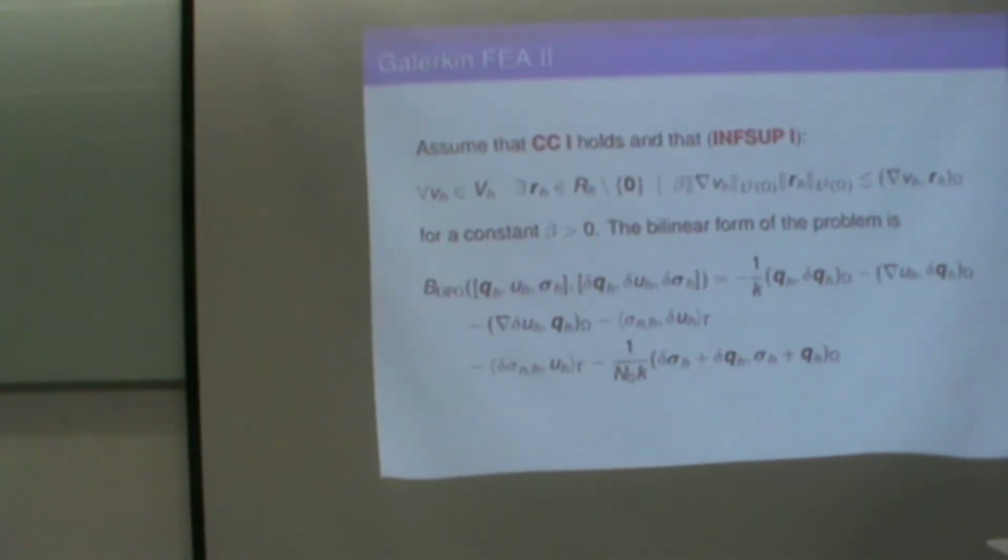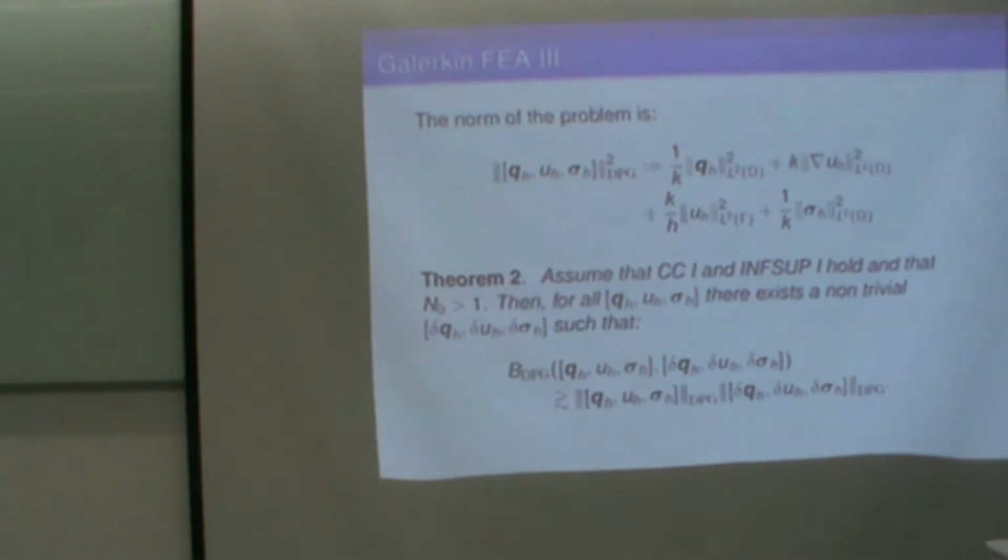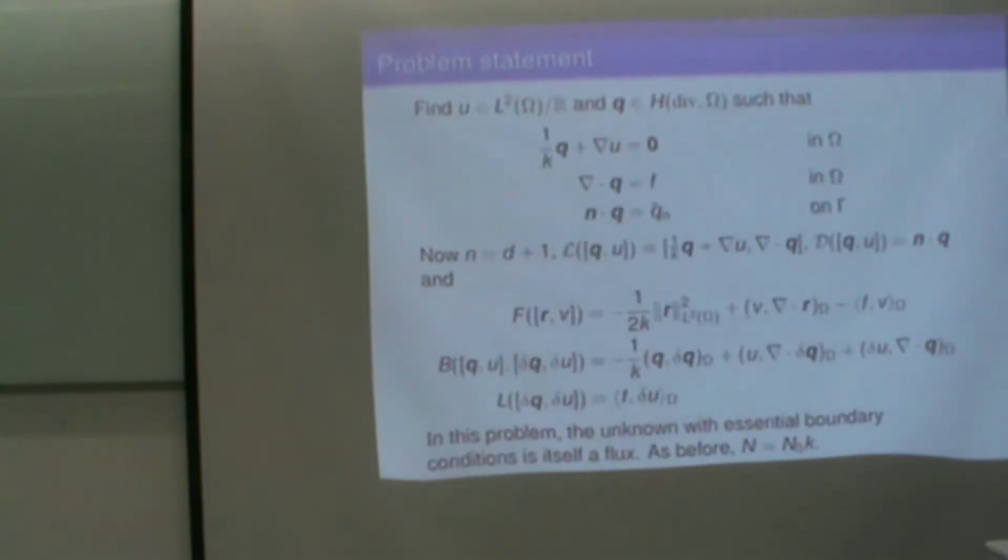But this is very easy to satisfy, for example, taking piecewise constants, as I said before. So that holds for piecewise constants. And again, we have stability and convergence in the norm that has everything, what we would have for Nitsche's method plus this control.